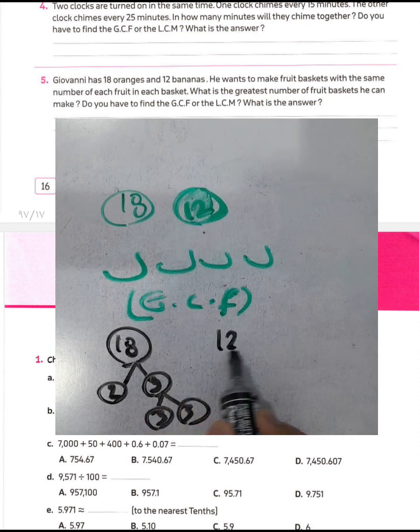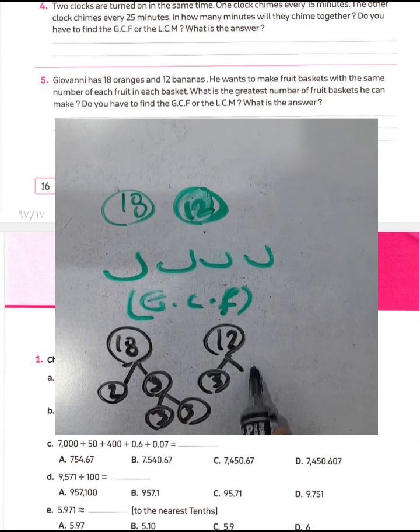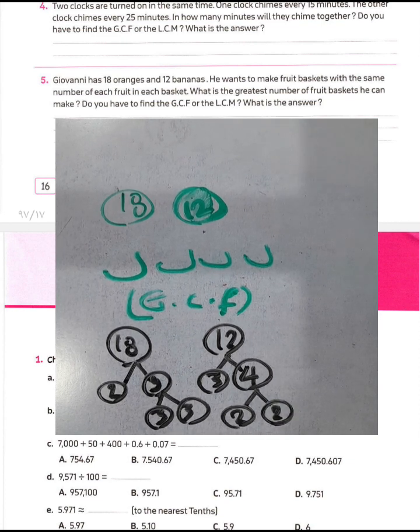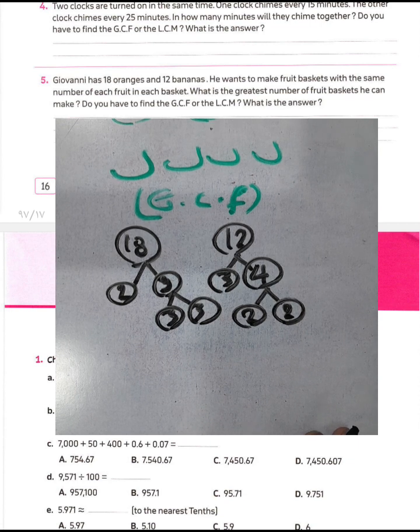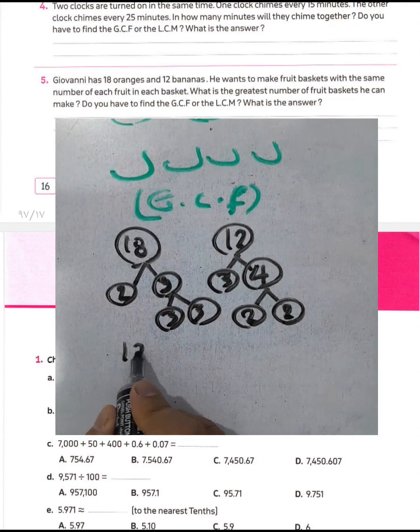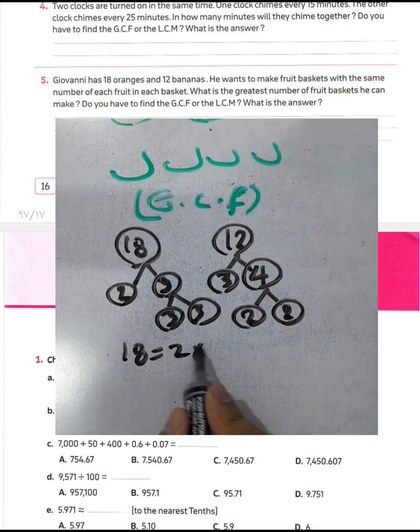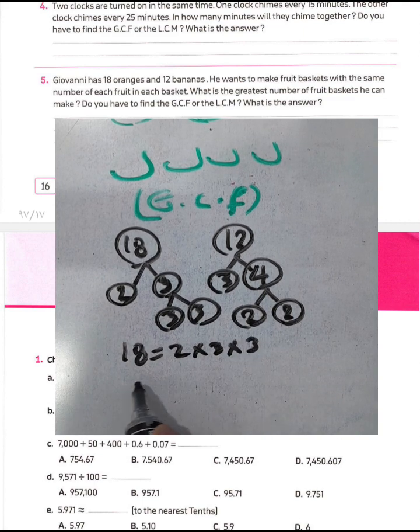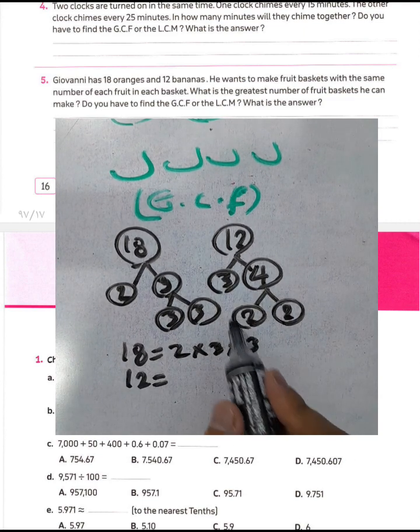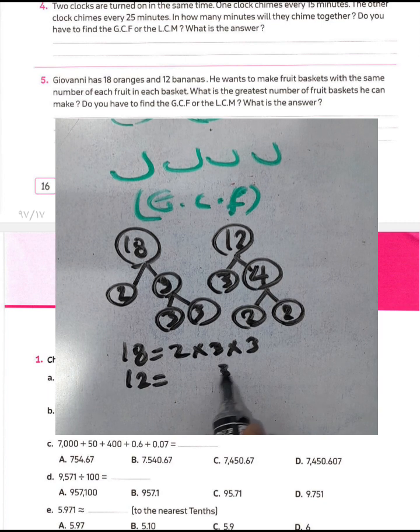And 12 equals 3 times 4, and 4 equals 2 times 2. Then you can find the greatest common factor between 18 and 12. We can write here 18 equals 2 times 3 times 3, and 12 equals 3 times 2 times 2.